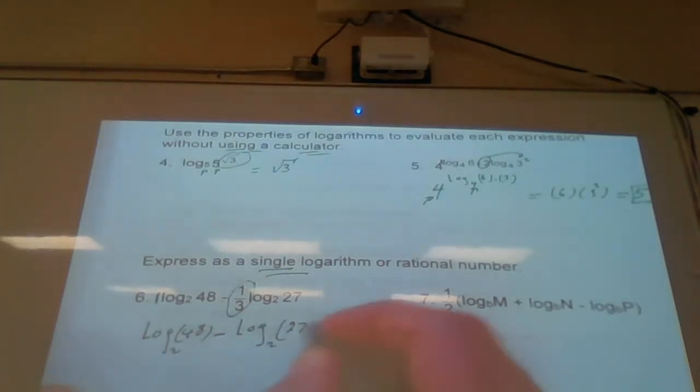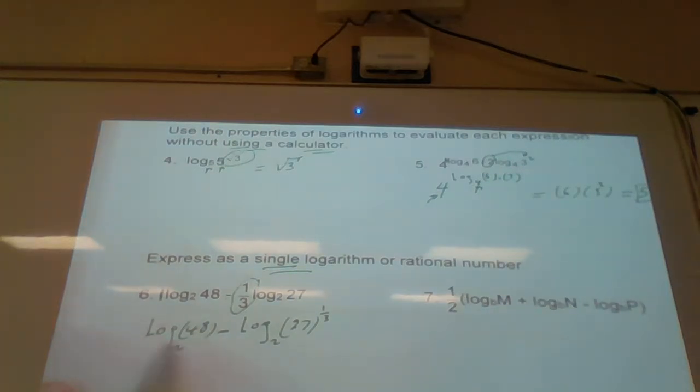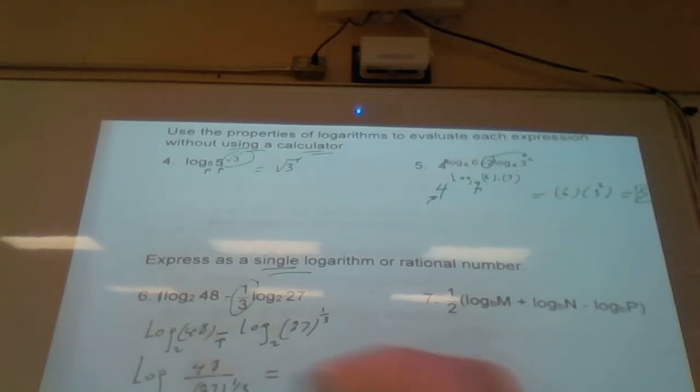So you put it as a power. Now I have that subtraction, I'll use the property that changes subtraction into division. And you can take care of the numbers, and actually this answer turns out to be a 4.